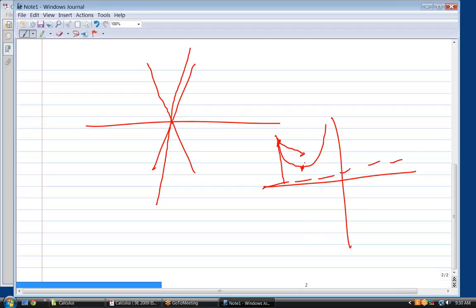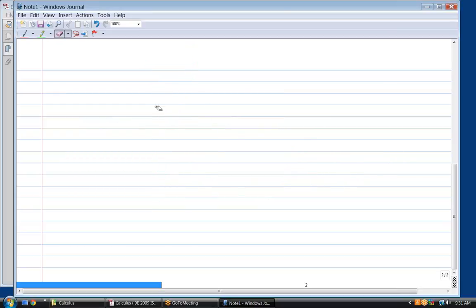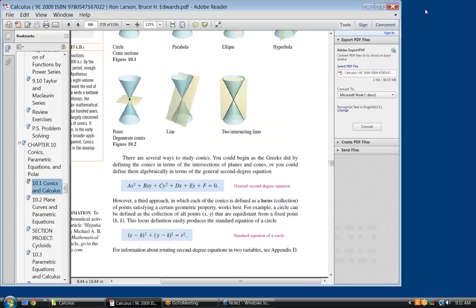If you're down here, this distance is going to equal this distance. Up here, that distance equals this distance. Okay? So all of these four conics can be defined as a collection of points with some geometric property.